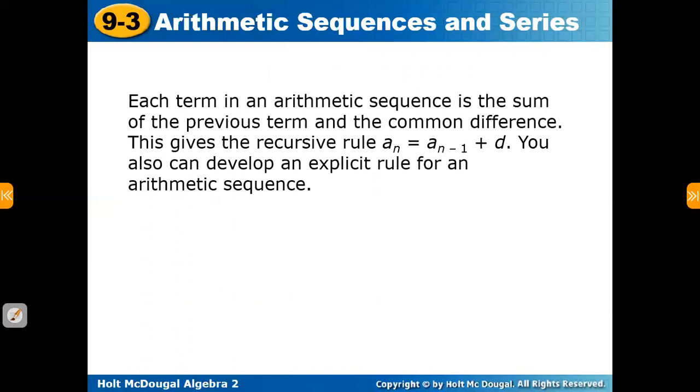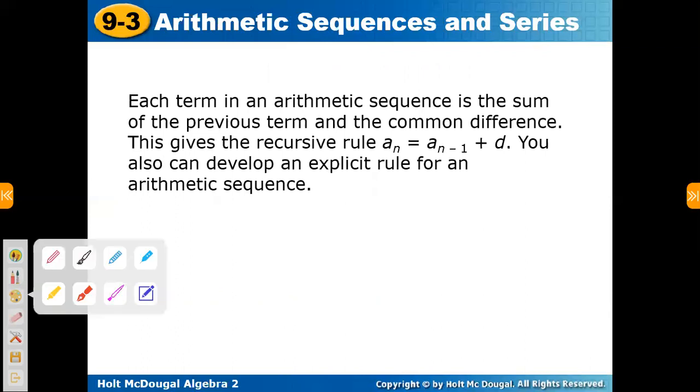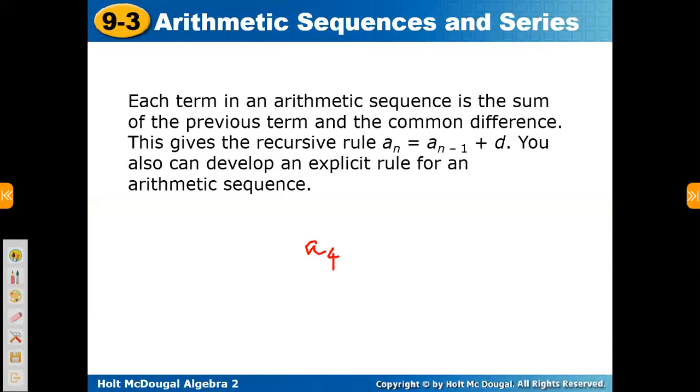That means if I'm to find the fourth term, let's say A4, the previous term will be what? A3 plus the common difference. So from this I can get a recursive rule that an is an minus 1 plus d.